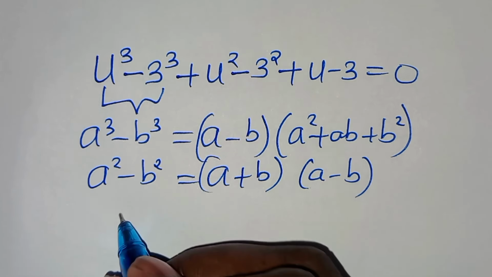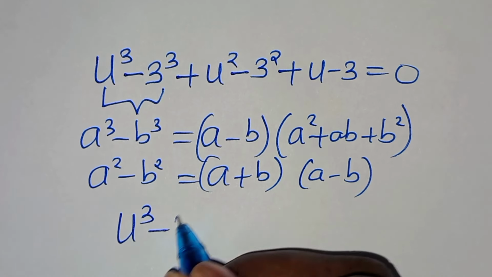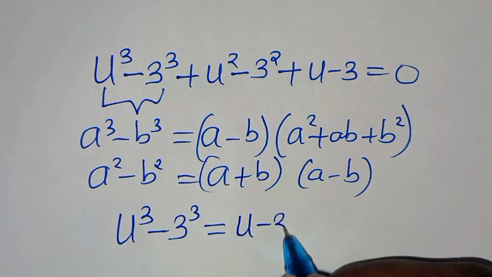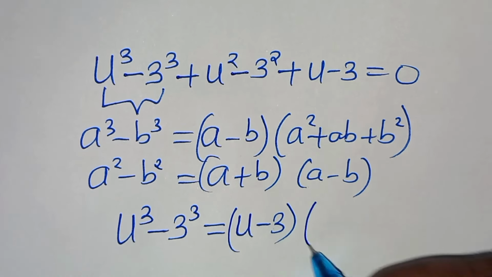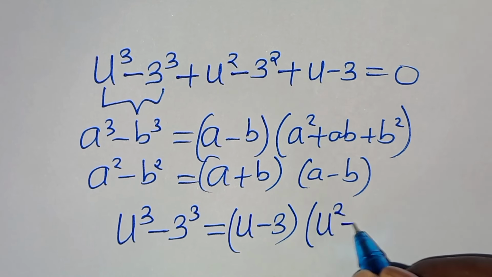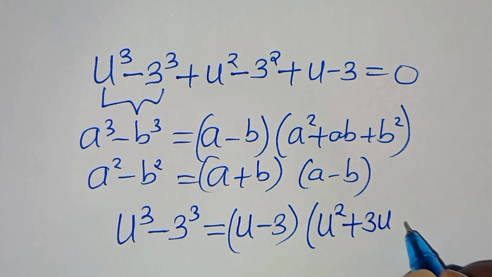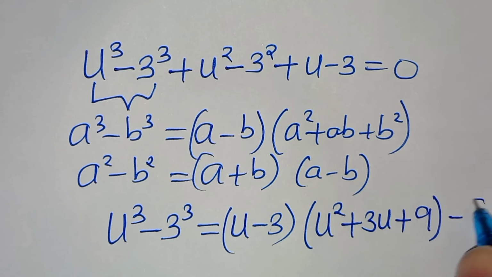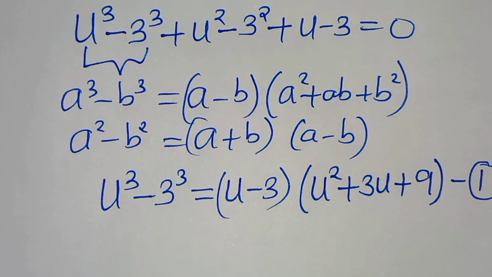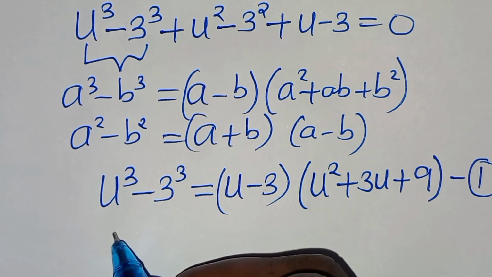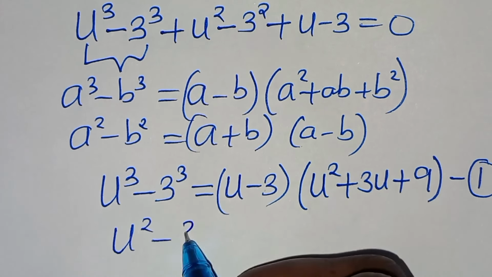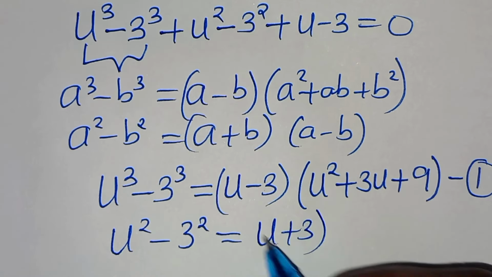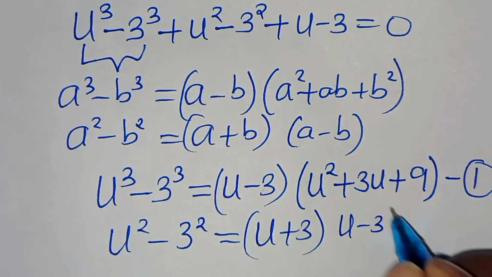Now this implies that u to the power of 3 minus 3 to the power of 3 is the same thing as u minus 3, then here we have u squared plus 3u, then plus 3 squared, which is equal to 9. Let's call this equation 1. And then we have u squared minus 3 squared. We can express this as u plus 3, then u minus 3.